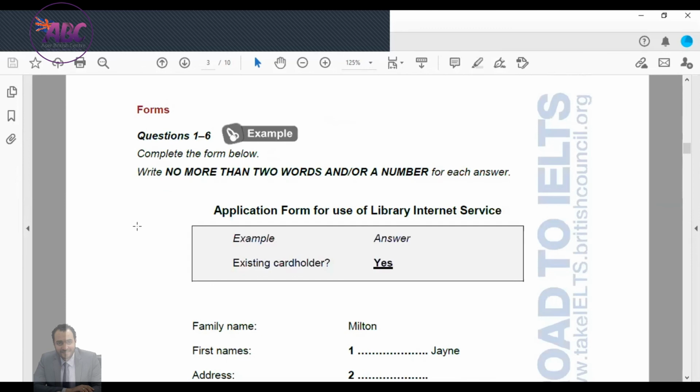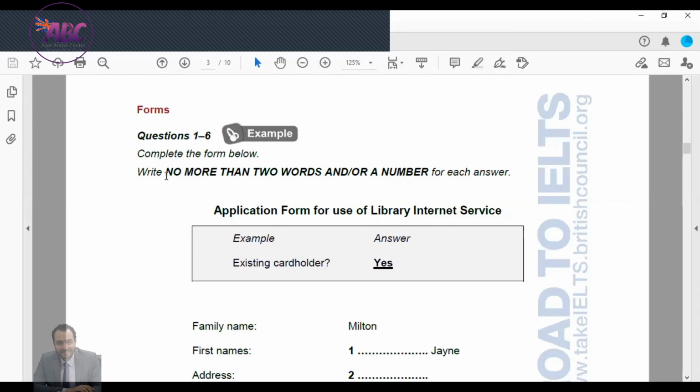Complete the form. Now, when doing any kind of question in the listening test, you will have about 30 seconds before the audio starts in each section. During these 30 seconds, you should scan the task first and pay attention to the heading because it's very important.